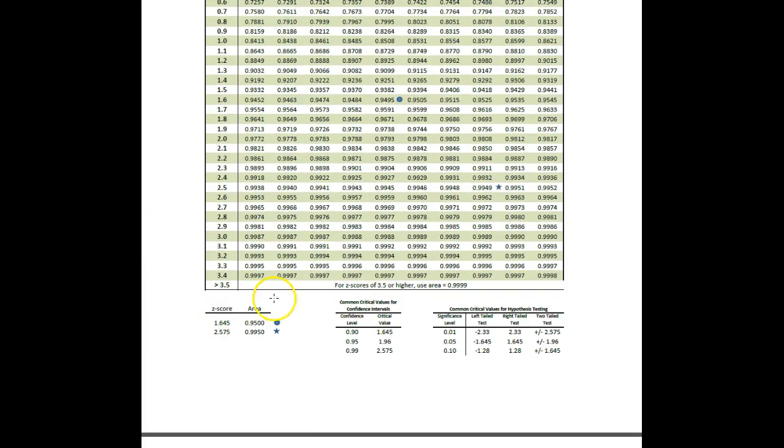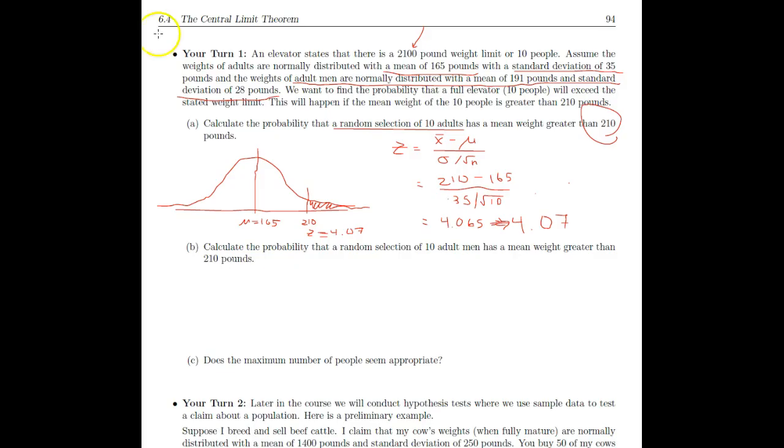Little bit of a problem. We don't go up to 4.07. But we have this note that says for z-scores of 3.5 or higher, use an area of 0.9999. Alright, so I guess we're going to use that one then. So that means this area right here to the left of this equals 0.9999.